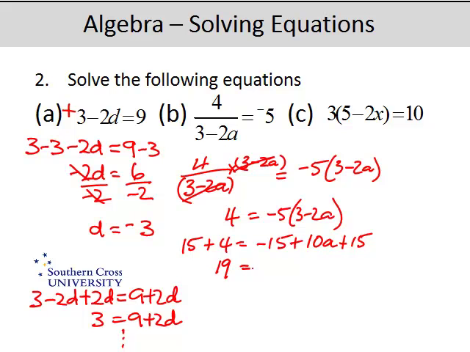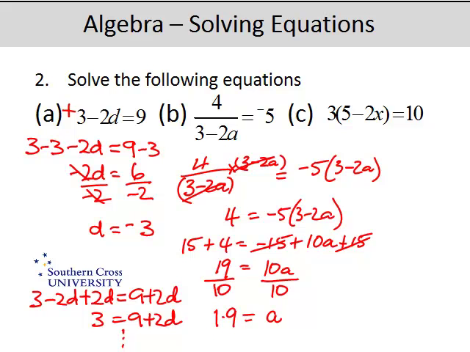So 19 is equal to 10a, because remember they're opposite operations. Now a's been times by 10, what's the opposite of timesing by 10? It's dividing by 10. And what you do to one side, you do to the other. So that means that a is equal to 19 divided by 10, which is 1.9.